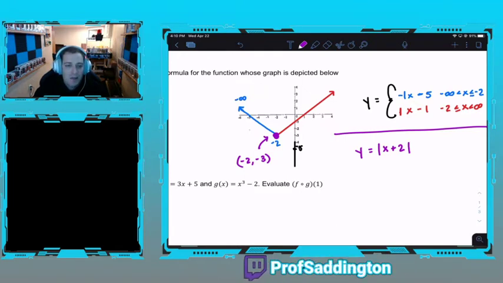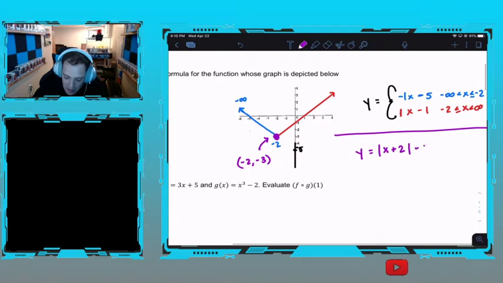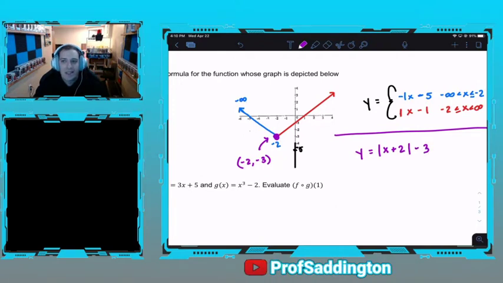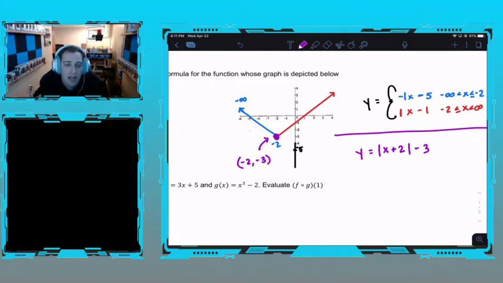And that -3 is represented by the y value. And the y value always goes on the outside of the absolute value bars. So I'm just going to put down -3. And the sign stays the same when we do y's. I know that isn't a problem that we've done in a while, at least the second part of it. The first part we just did last week, so that should look kind of familiar.